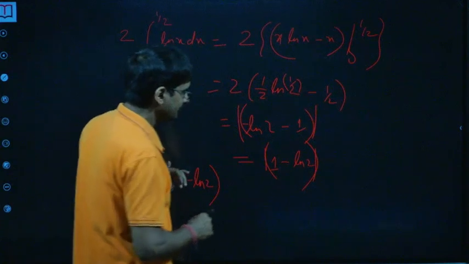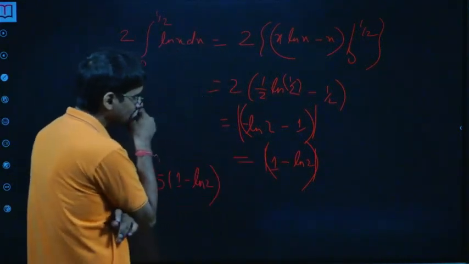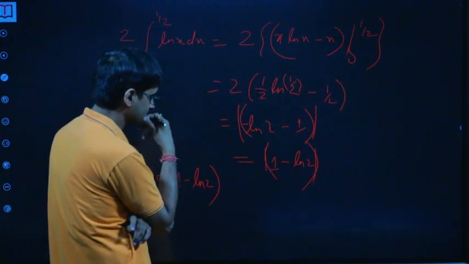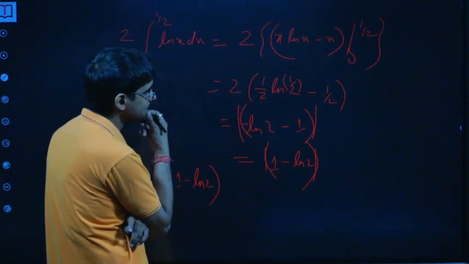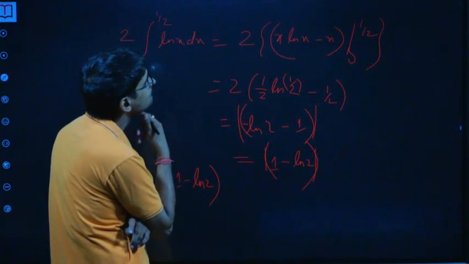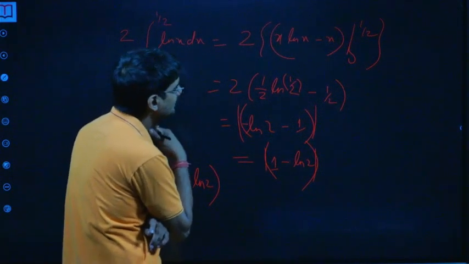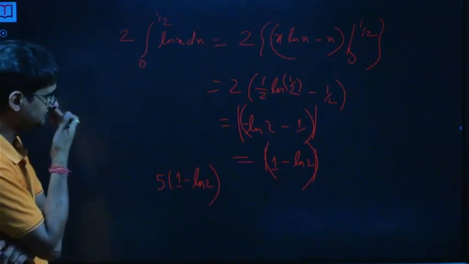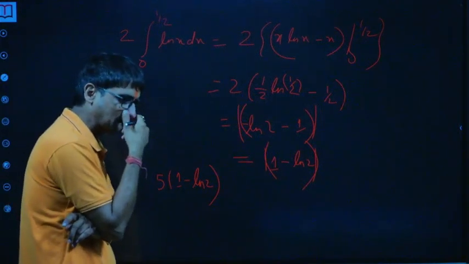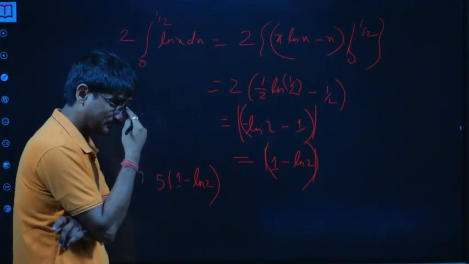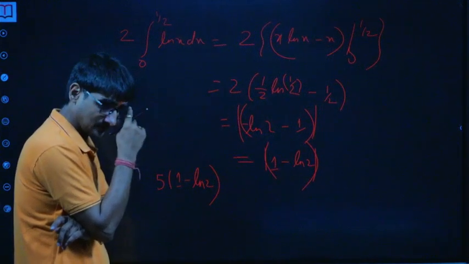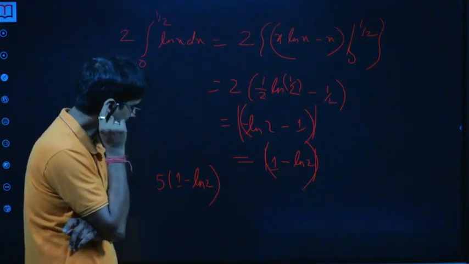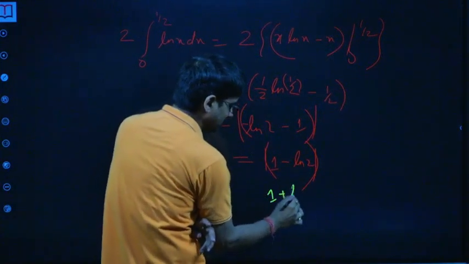Wait, so it will be minus half, so minus 1 minus ln 2. To make it positive, of course this is negative, ln 2 is negative, so will that be 1 plus ln 2?